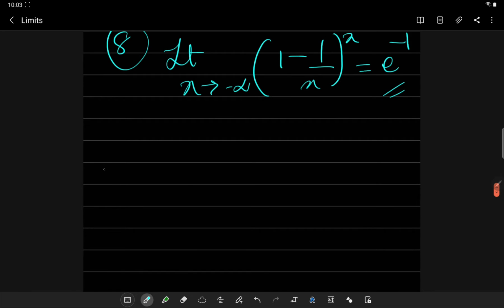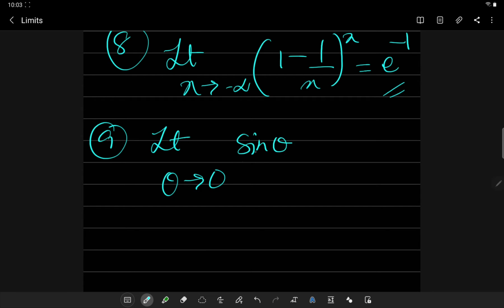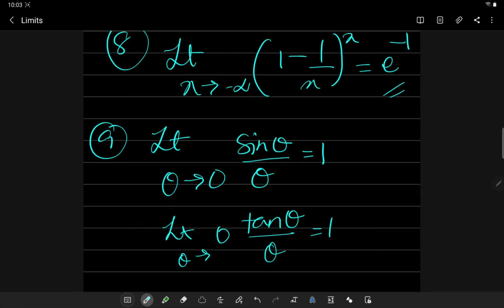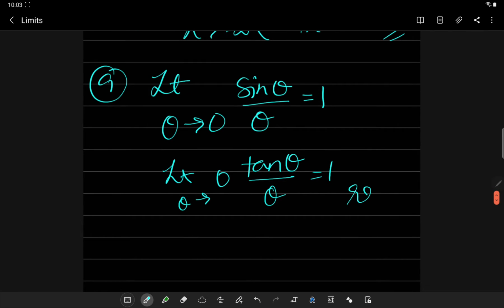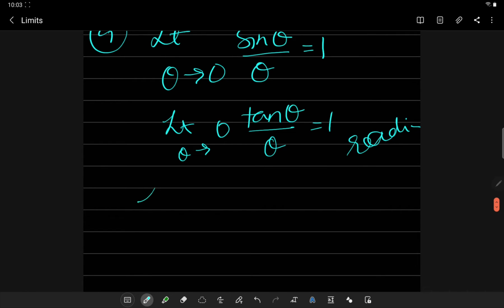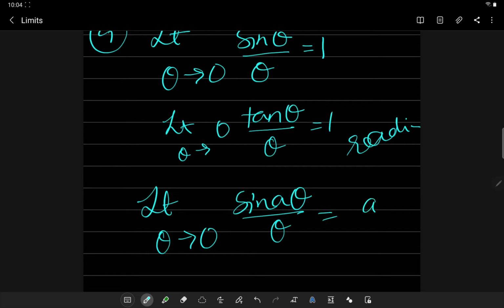Coming back to trigonometric concepts, limit theta tends to 0 of sin theta by theta is 1. Similarly, tan theta by theta will also be 1 as theta tends to 0. Here theta is generally measured in radians. Also, as theta tends to 0, sin(a theta) divided by theta will be a.